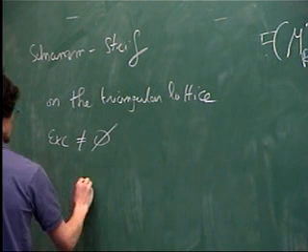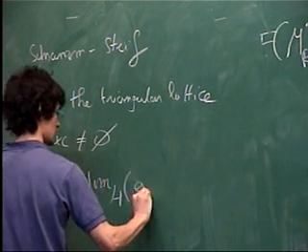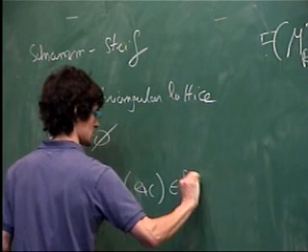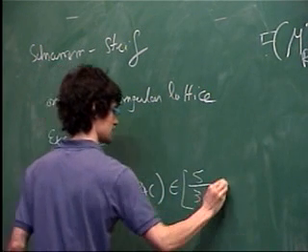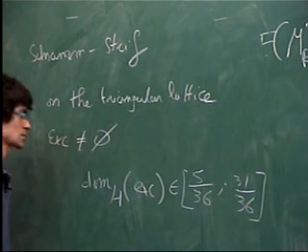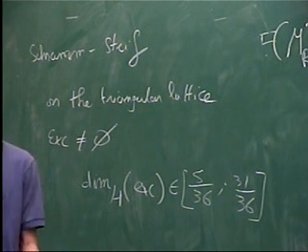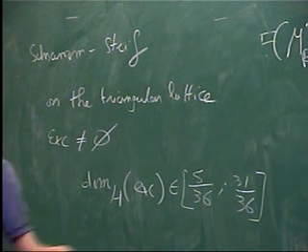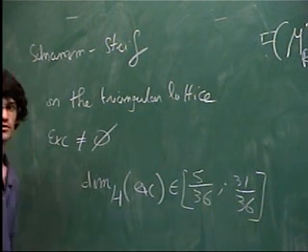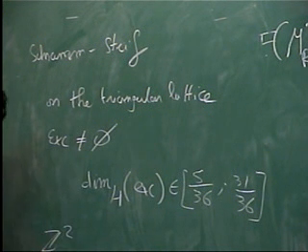And they proved that the Hausdorff dimension is in this interval. And they proved some other things about upper bounds on other exceptional events. And for Z2, the question remained open.